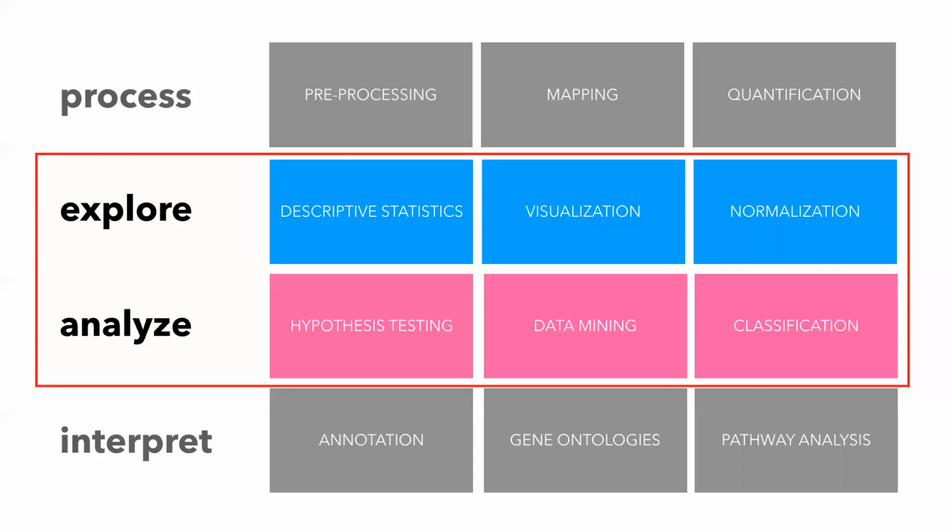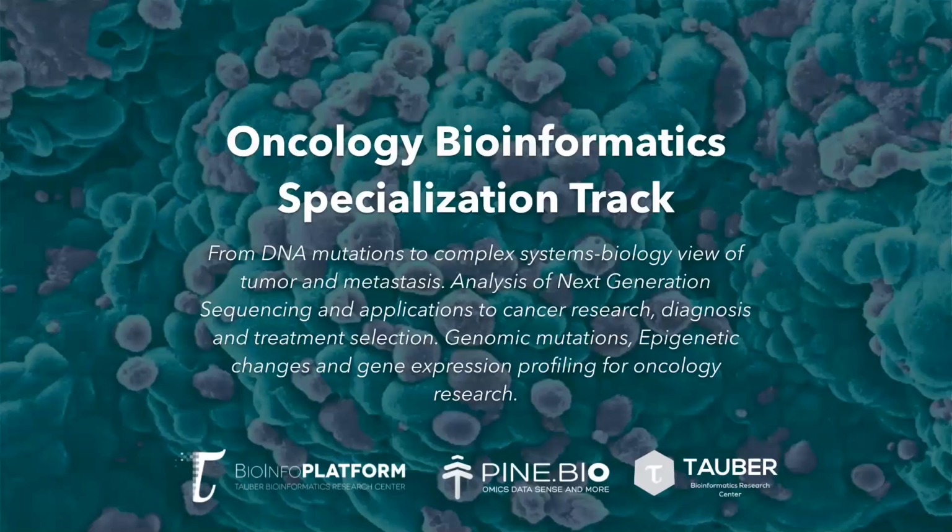The other two parts, how to prepare data for this analysis and how to interpret this in terms of biology or clinical, is really going to be another set of sessions that we typically cover in other programs. For example, one of the things that we're working on now is a specialization track on oncology bioinformatics.